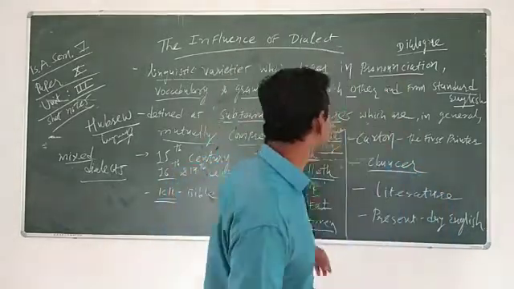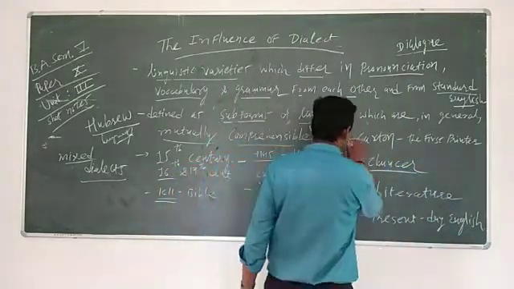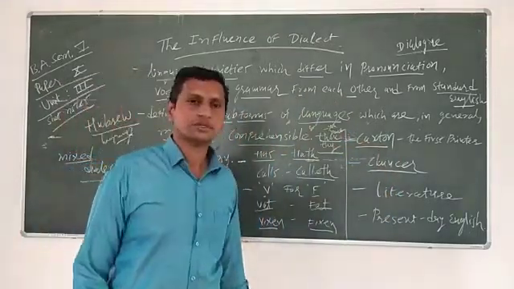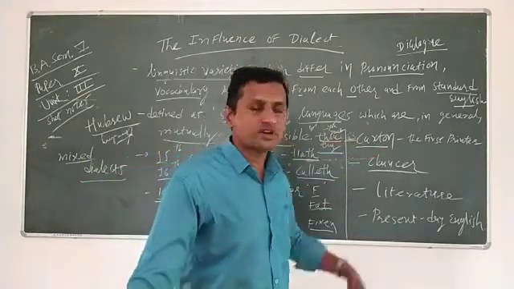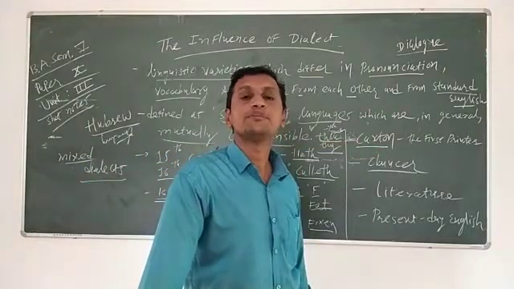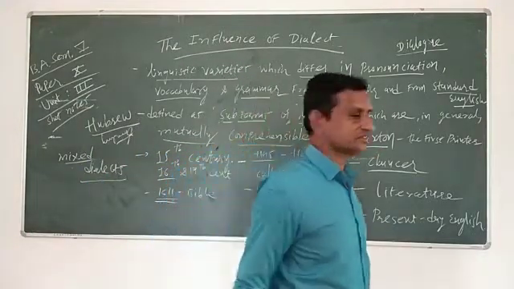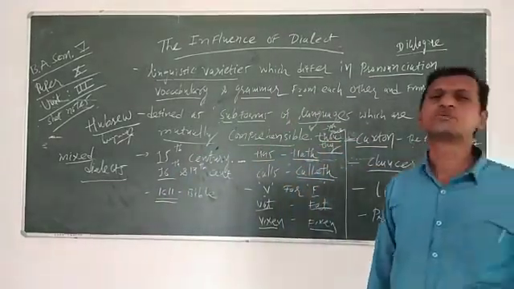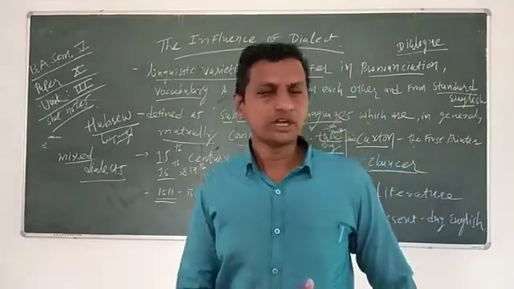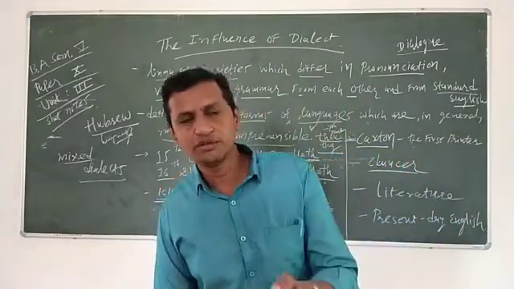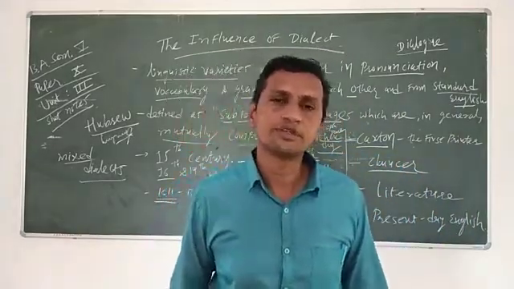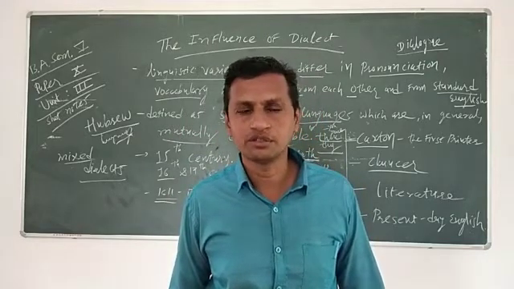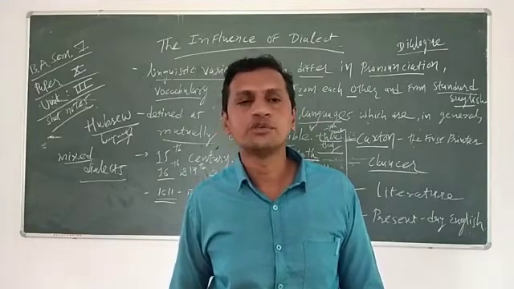Later on, we come to Caxton, Michael Caxton. He is the first who introduced the printing machine. There was also Gutenberg, and here you have to search Google for the name of the first printing machine invented by Gutenberg. The name should also be remembered, but in our book they use Michael Caxton.